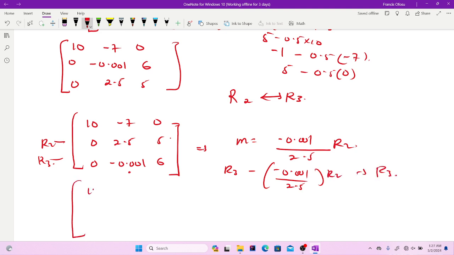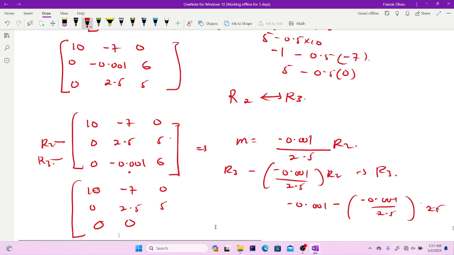So I simply have 10, negative 7, 0; 0, 2.5, 5; 0. Then obviously, normally this one will go away because you get negative 0.001 minus negative 0.001 over 2.5 multiplying your R2, which is 2.5. So obviously this and this will cancel, so here will be 0 as well.